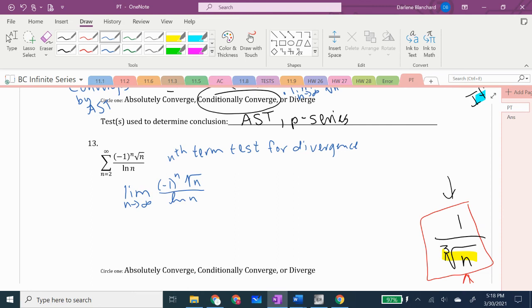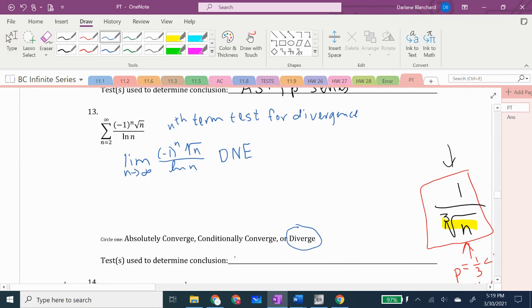But because it is not oscillating to 0, this limit does not exist due to oscillation between two distinctly different places on the number line. And in fact, it's going to positive and negative infinity, very, very different places. So with that alone, that shows divergence of the series. And the only test used was the nth term test. That was it.